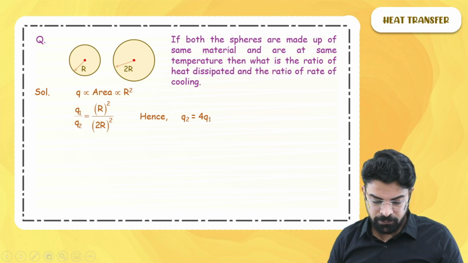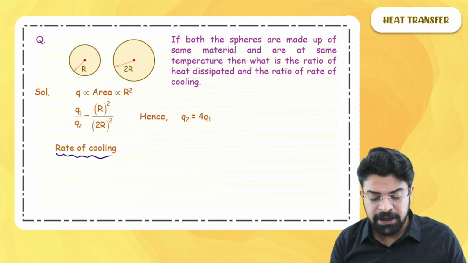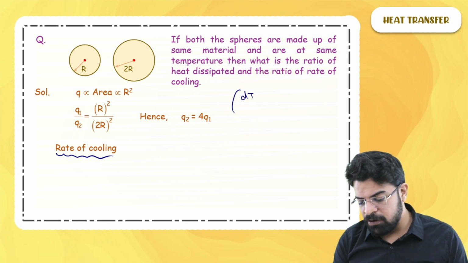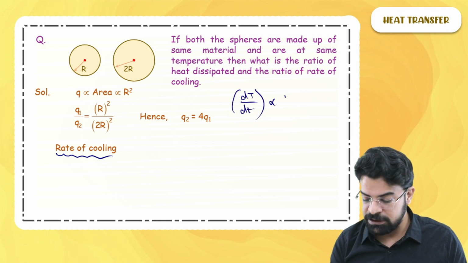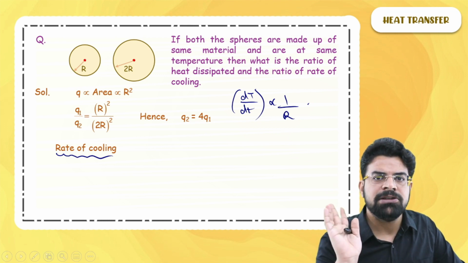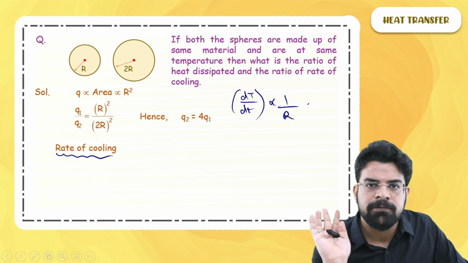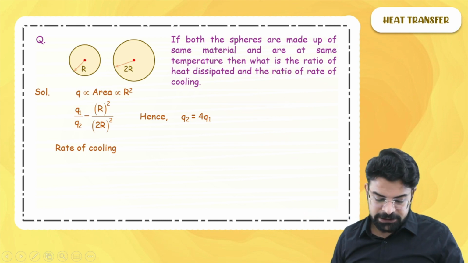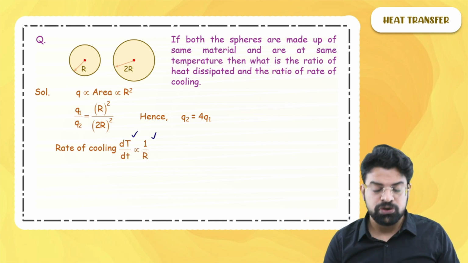Moving on. Now, if we talk about the rate of cooling, we know that the rate of drop of temperature is inversely proportional to radius. The second sphere has double the radius, so its rate of cooling will be half. End of discussion. Or we can say dT by dt is proportional to 1 by r.